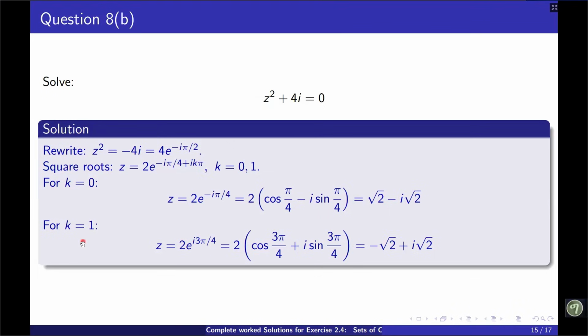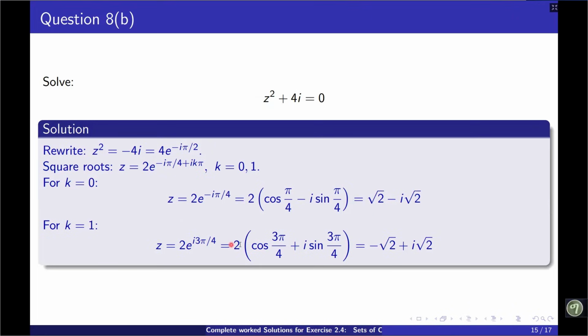And therefore, for k is equal to 1, the second possible root of this equation, we have z is equal to, if you substitute k equals 1 here, we have minus i pi over 4 plus i pi. So that we will obtain z is equal to 2 times e to the power of i 3 pi over 4. 3 pi over 4 is the sum of minus pi over 4 and pi.